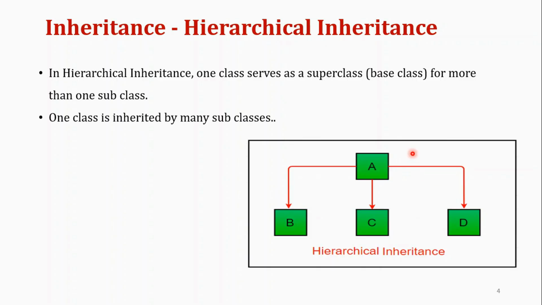So one class is inherited by many subclasses. In the demo, for the explanation, I used only three derived classes. You can have as many derived classes as you want, minimum 2 or maximum n. Class A is inherited by all the derived classes, so classes B, C, D are the derived classes.